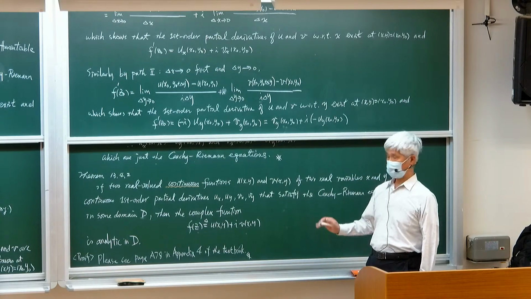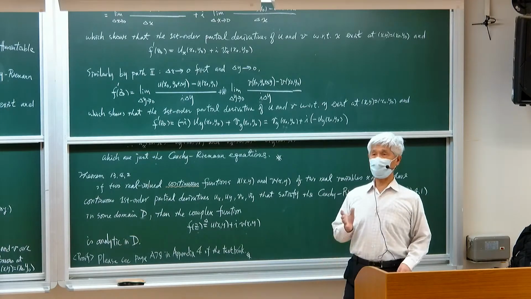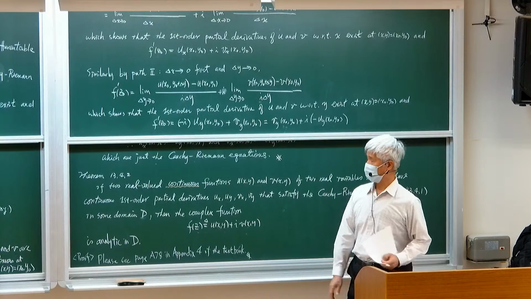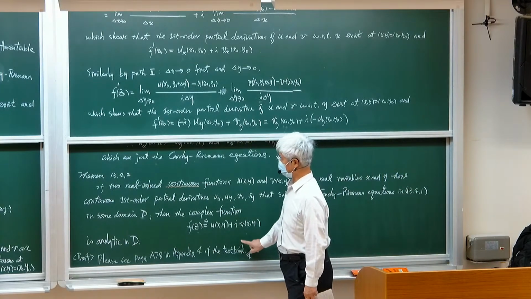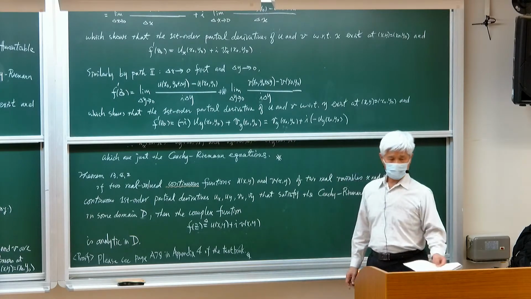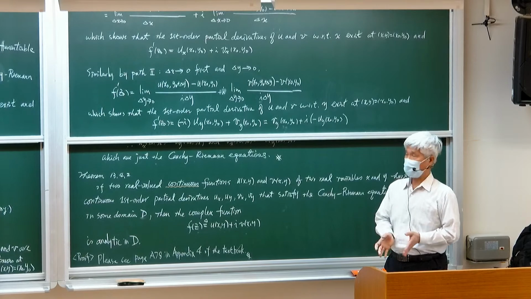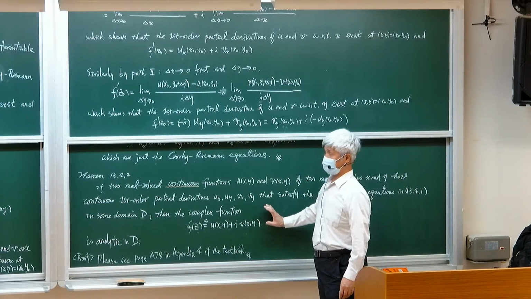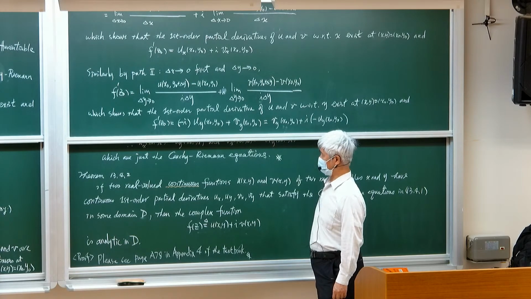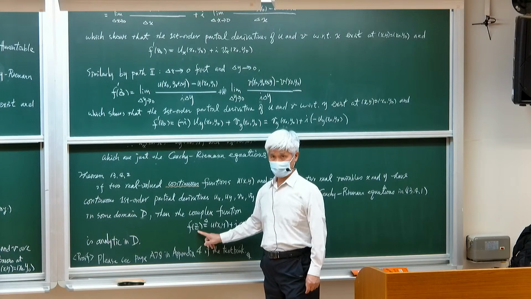Right. So it requires the mean value theorem in multivariable functions. So I ask you to look at a proof. But at least you should know how to apply this theorem to justify whether a complex function is analytic or not.